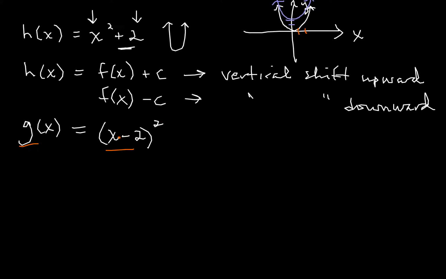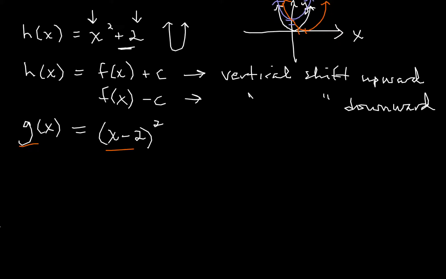But if you added the positive 2, it would bring us back to 0. So I'm just going to take this whole parabola and move it over 2. It's not going to go up or down. It's just going to look like this. So we shifted it to the right 2.